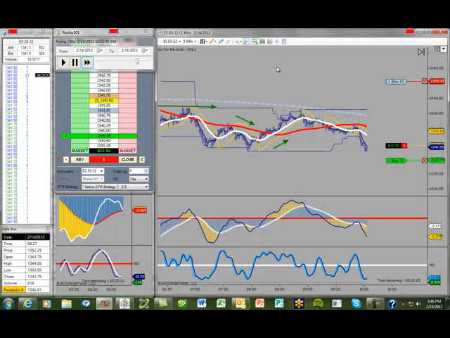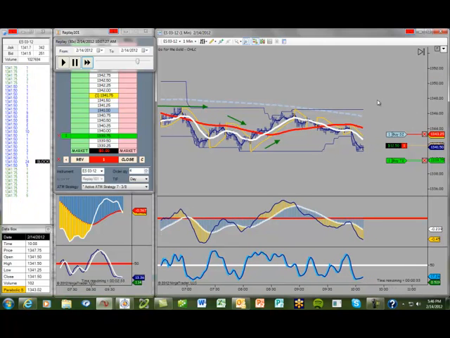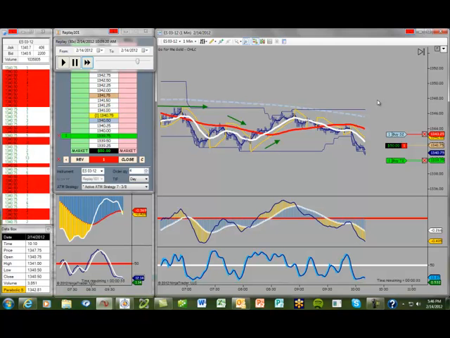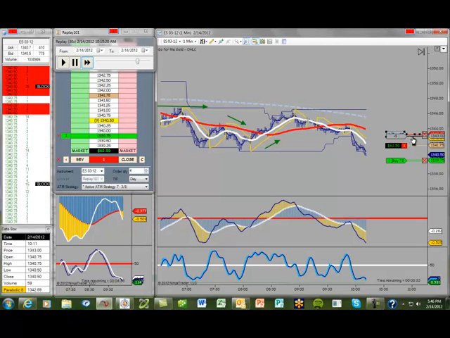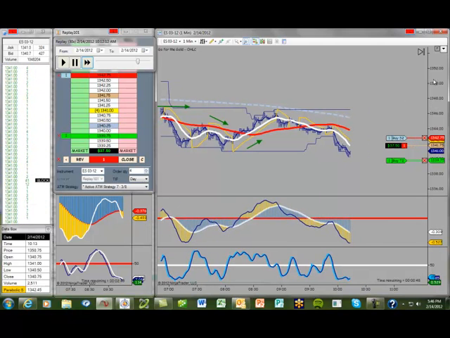We hit the target without moving the stop. So I'm going to bring it down manually to the parabolic. Here we would have moved the stop now. Going to hit that target.